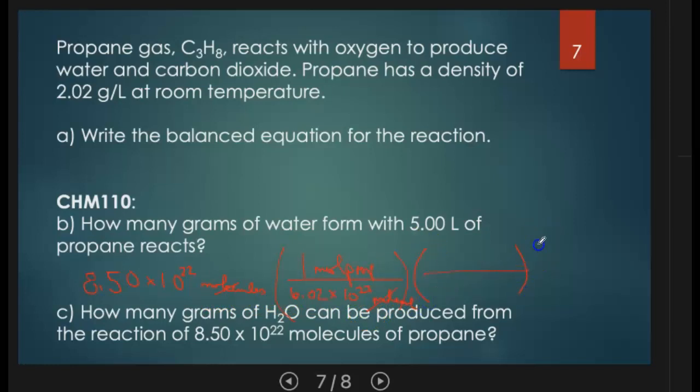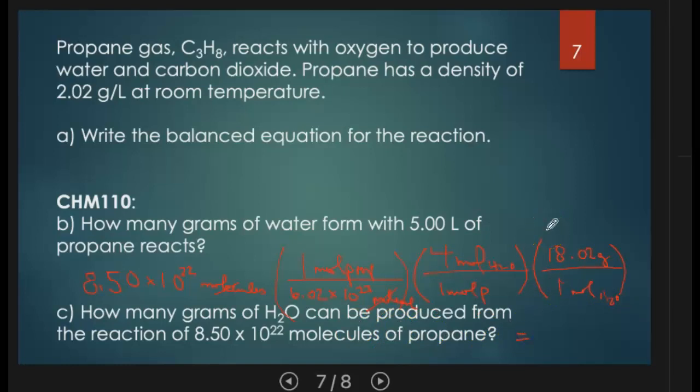And so these next two steps would look very much like the last problem. We're going to go from 1 mole of propane to 4 moles of water. And then, of course, from 1 mole of water to 18.02 grams of water.